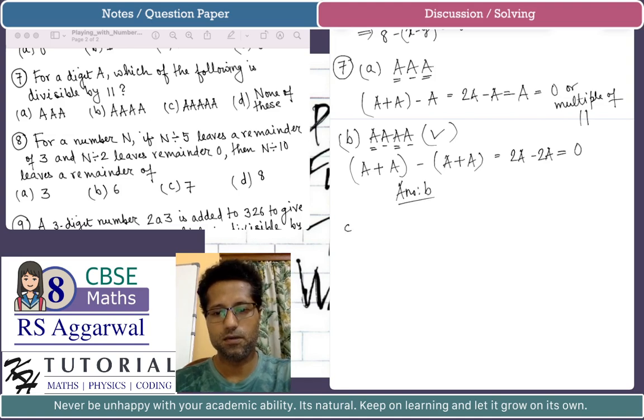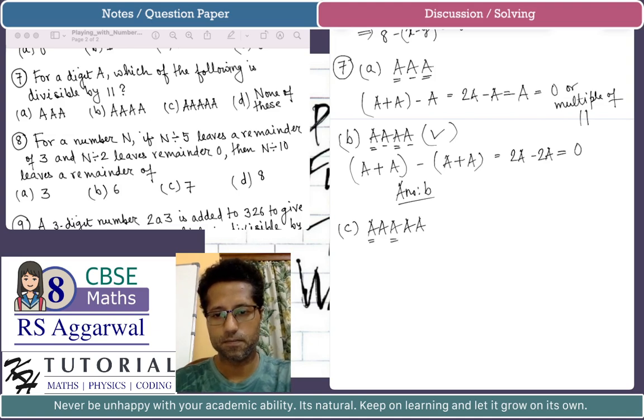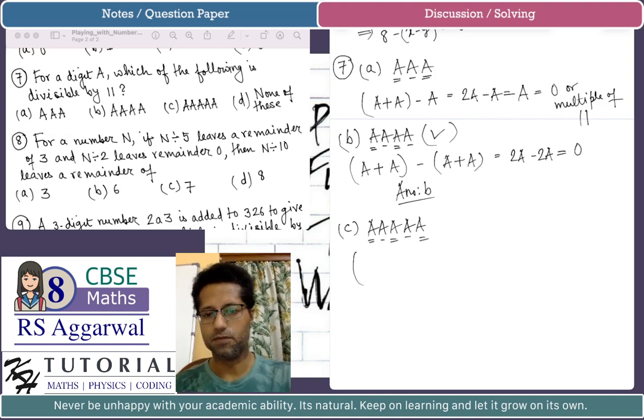Now let's see the other choices as well. C is a 5-digit number where all the digits are A. So let's mark the digits at the odd places and even places, and see the difference of the sum of the digits at odd places and the sum of the digits at even places.